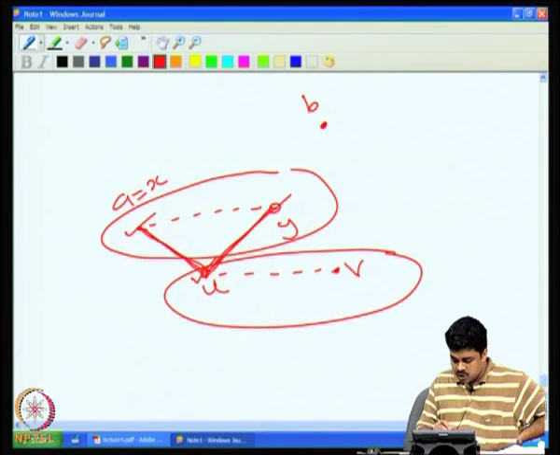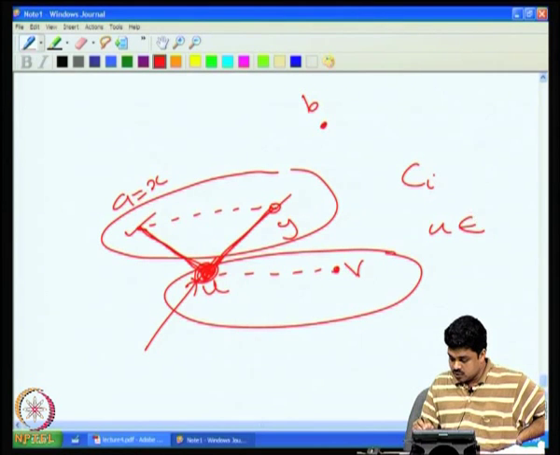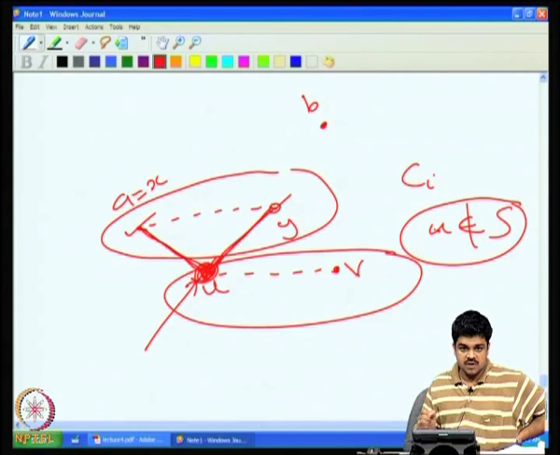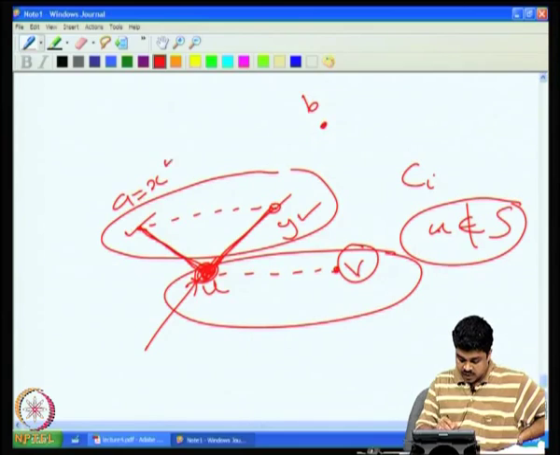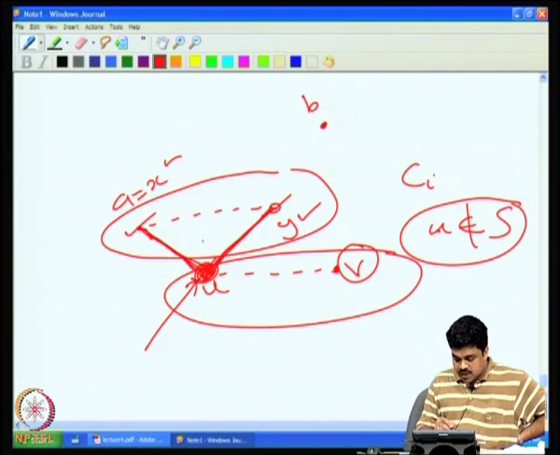But how am I sure that this will be there? Because u is from the component Ci, and therefore it is not in S. U does not belong to S. So it is not a universal vertex, because we have collected all the universal vertices in S. So there should be at least one vertex in the graph which is non-adjacent to u, that will be v, and definitely it is not x or y, because these are connected to u. So we get this pair.